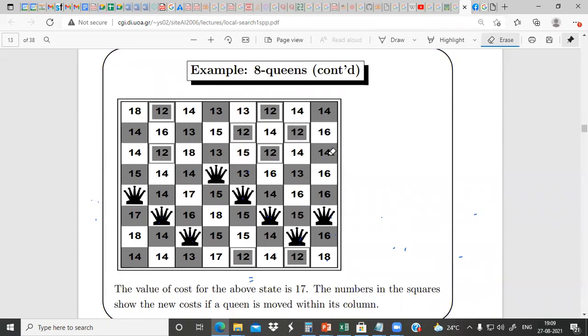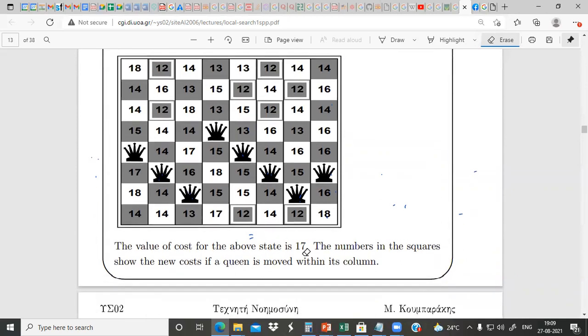So anything which is less than 17 is fine. So either you can move this queen here, or you can move here, but you cannot move here. Any queen you can move in such a way that this evaluation function becomes less than 17, and keep continuing this process until you reach the goal state. So for every location you have to calculate this.